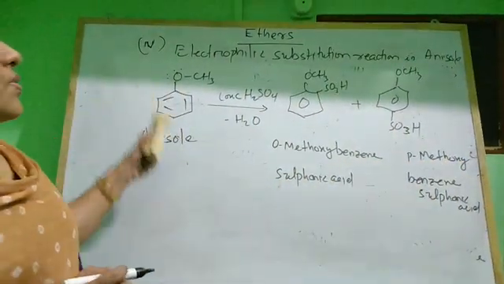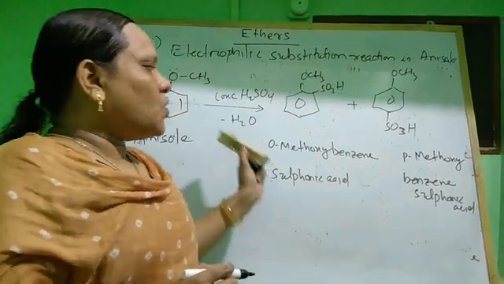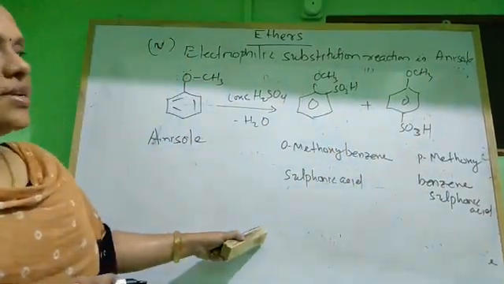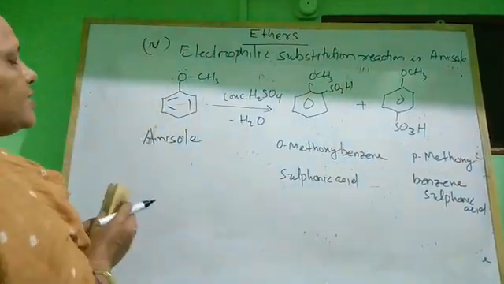So when anisole is treated with concentrated sulfuric acid, it forms orthomethoxybenzene sulfonic acid and para-methoxybenzene sulfonic acid.